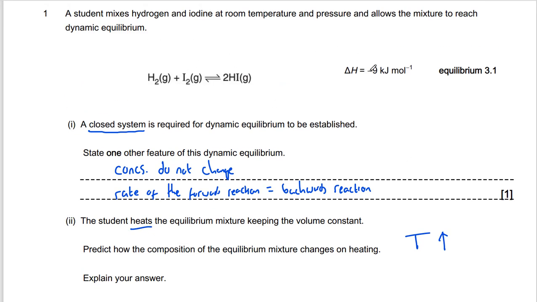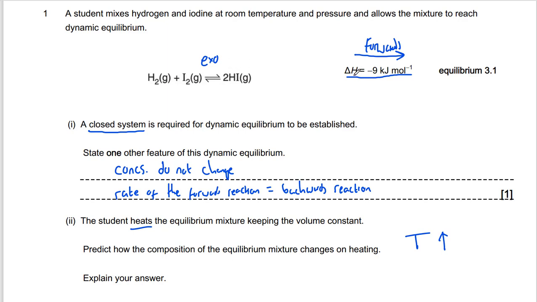It's an equilibrium and we're given a delta H. Now delta H is always for the forwards reaction. You'll always be given delta H for the forwards process, not the reverse. So that means that going forwards is minus 9 kilojoules per mole. Minus 9 kilojoules per mole means that the forwards reaction is exothermic.